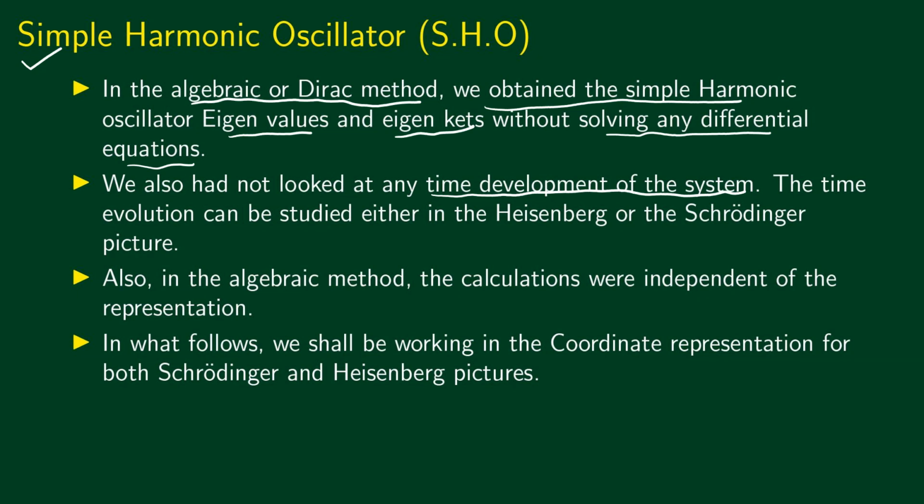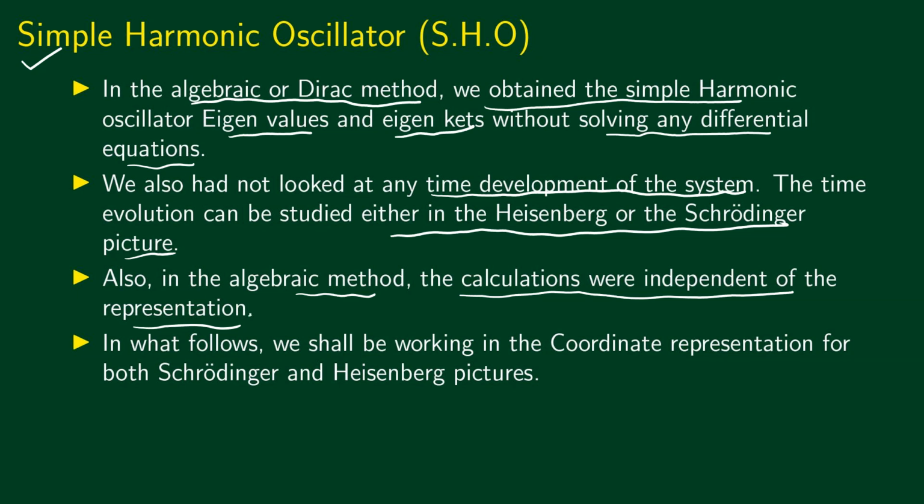The time evolution, as we know, can be studied either in the Heisenberg or the Schrodinger picture. Also, in the algebraic method, the calculations were independent of the representation. We did not choose any specific representation; we just did abstract algebra. We defined these creation and annihilation operators, got their commutators from the canonical commutation relations, and then proceeded completely algebraically without going into any specific representation.